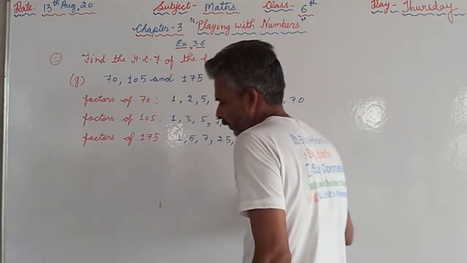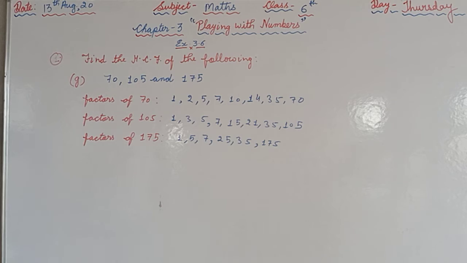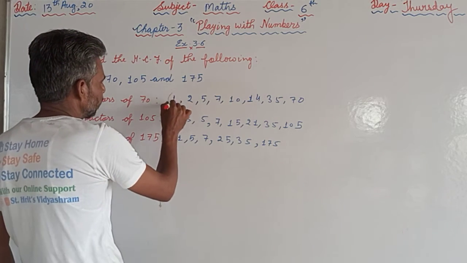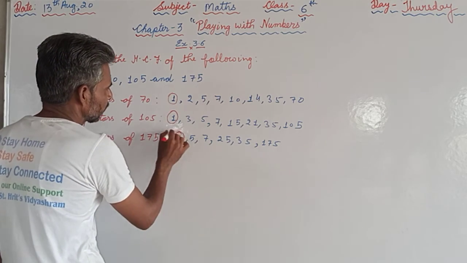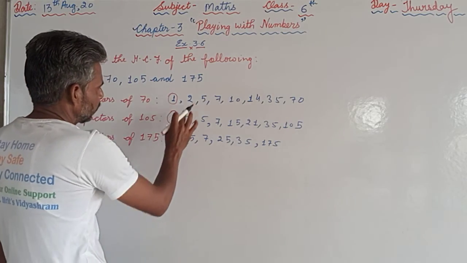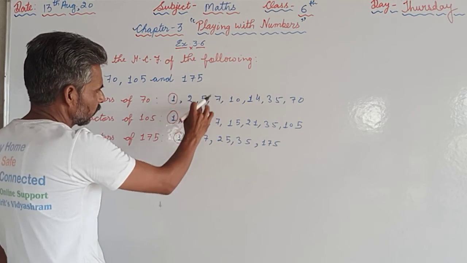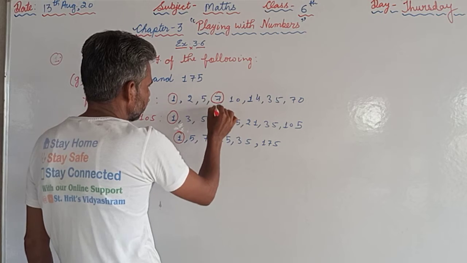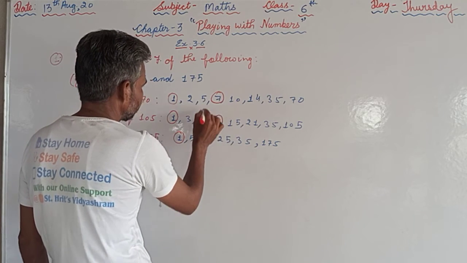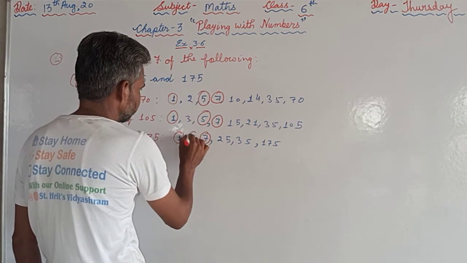The next step will be, first of all, circle the common factors. 1 will be there in each one. Afterwards, 2 is here but not here, 3 is here but not here, then 7 is there in all the factors as well, 5 is also there.